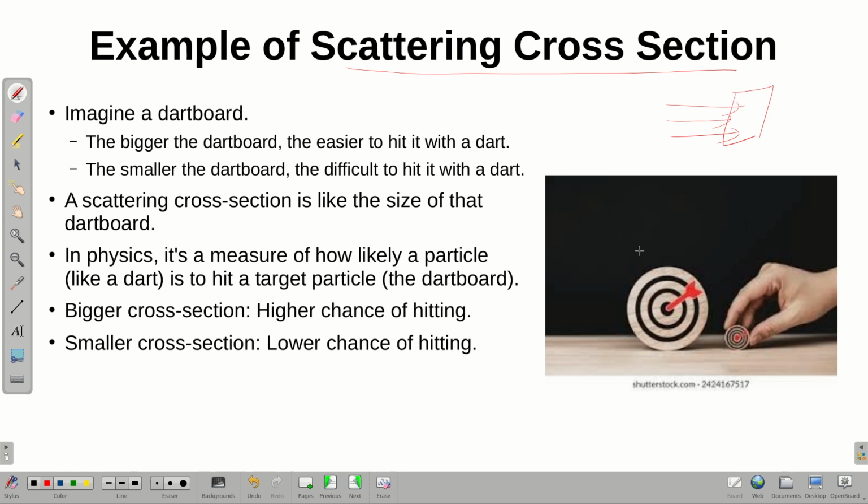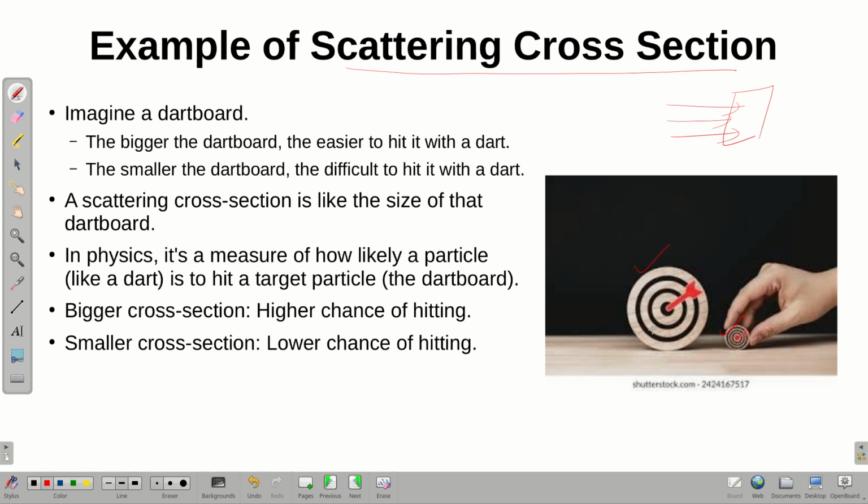If we have a bigger dartboard and a smaller dartboard, then it's very easy to hit the bigger one. There's more probability that we can hit it, but sometimes we are not able to hit it. For the smaller dartboard, it becomes very difficult to hit with a dart, right?